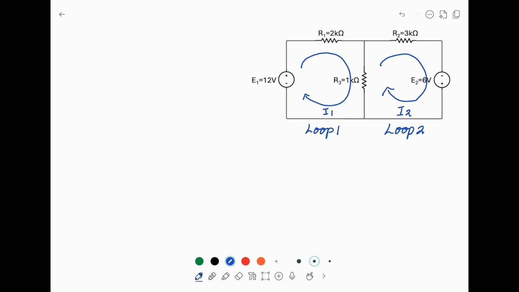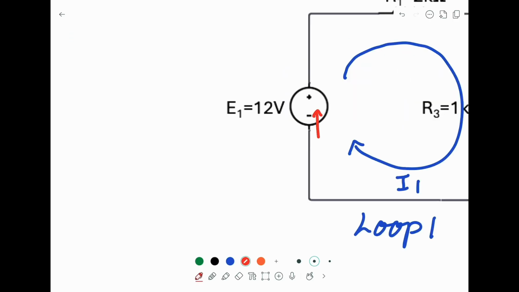Next, I'm going to apply KVL for each loop. So, KVL for the loop 1. Again, the current enters the voltage source from the negative side. So, this is negative 12 volt.